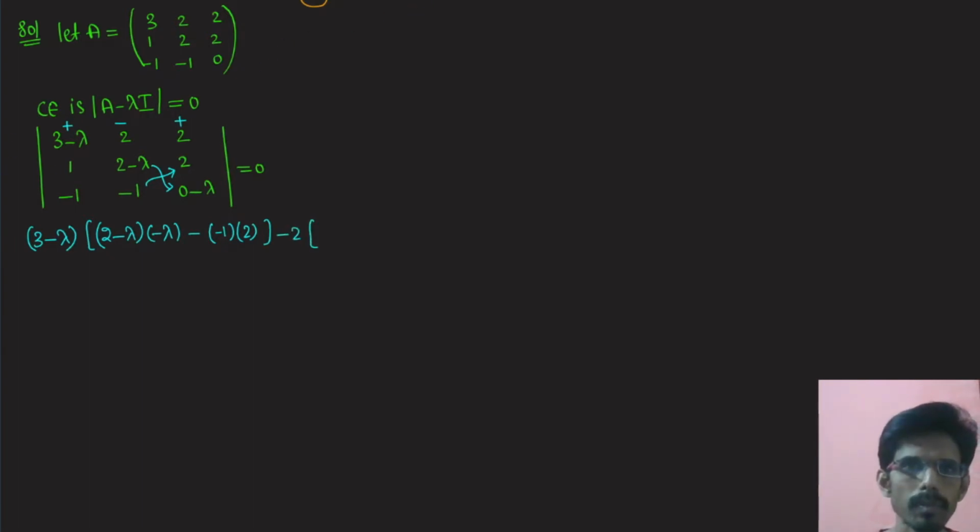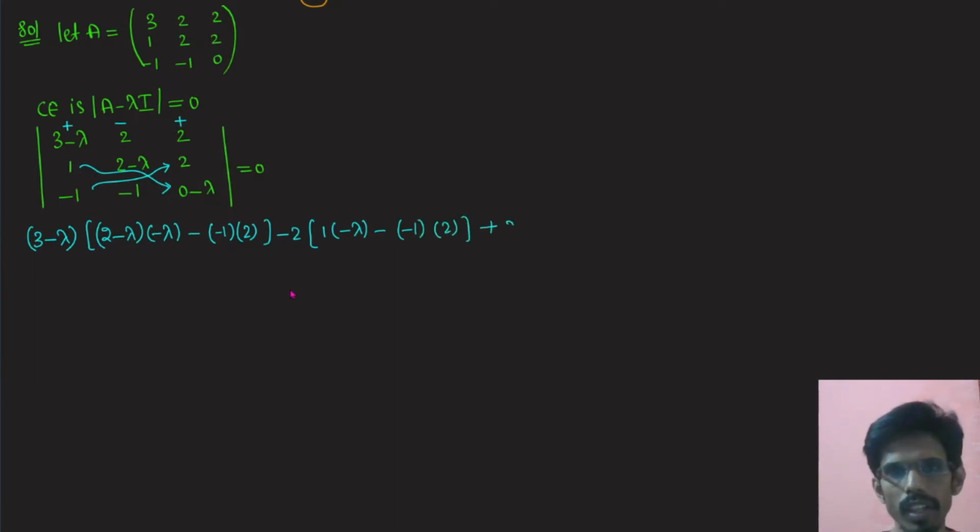Now leave the first row and second column. First row and second column we have this element. Now multiply 1 into minus lambda, put the minus sign, then we have minus 1 into 2.